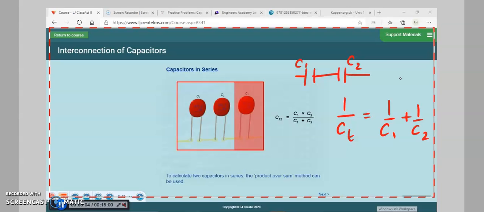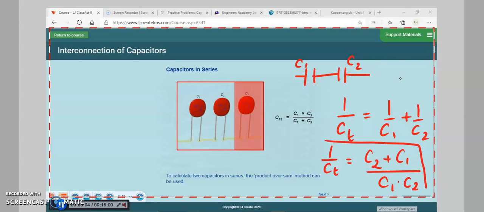Now when I solve this, I'm going to get 1 divided by CT is equal to, again you need to make the denominator the same. C2 times 1 is going to be C2 plus C1 times 1 is going to be C1, divided by C1 times C2. Now remember, this is the answer for 1 by CT, 1 by total capacitance.